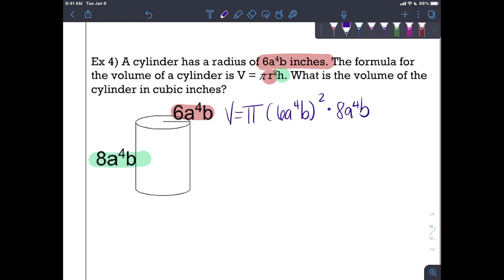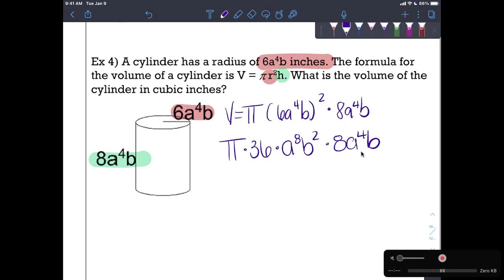All right, so now that I got that, I'm going to go ahead and start simplifying this. So I see here that I have a 2 on the outside of the parentheses, so I'm going to distribute exponent to exponent. All right, so now that I've done that, I'm going to deal with these numbers here.